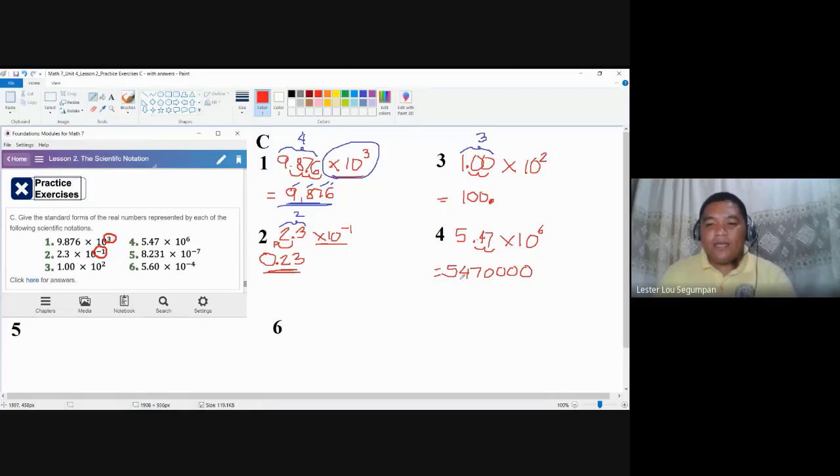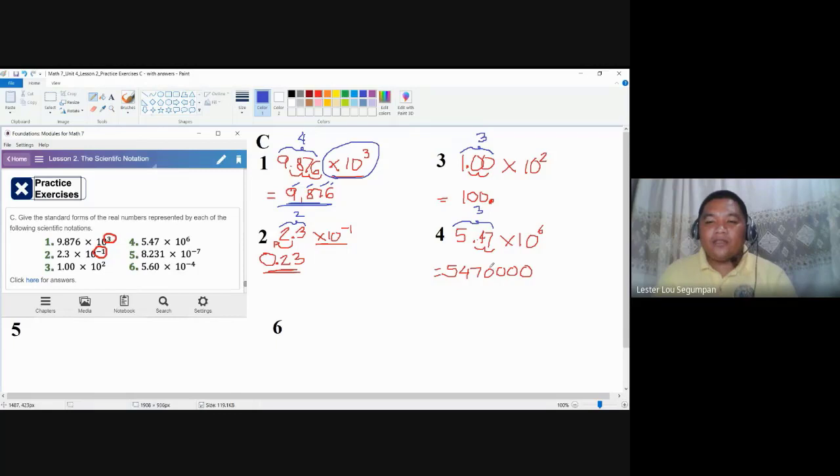Again, from here, 1, 2, 3, 4, 5, 6. So that is why we have this answer. But why do we add zeros here? Because these zeros will not be counted as significant figures later on, but they will be counted as part of the standard form. In number 4, the number of significant figures is 3.